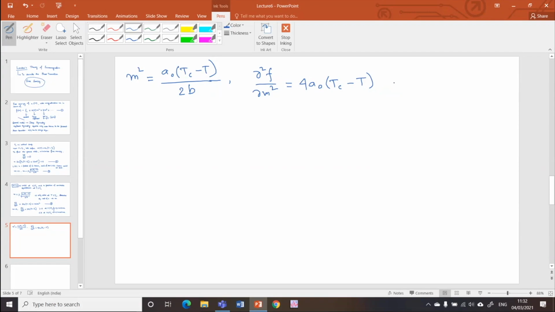This is greater than 0 at T less than Tc, and it is less than 0 at T above Tc. So this is a position of minima below Tc, and a position of maxima for temperatures above critical temperature. Is it clear?